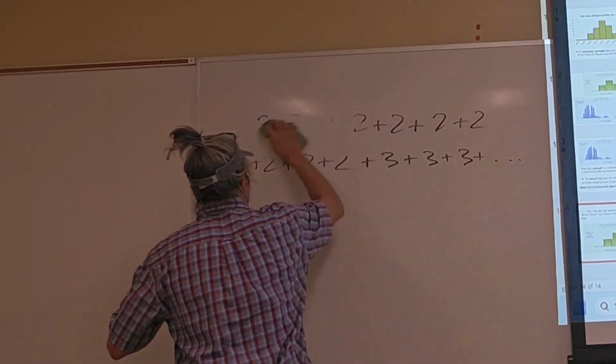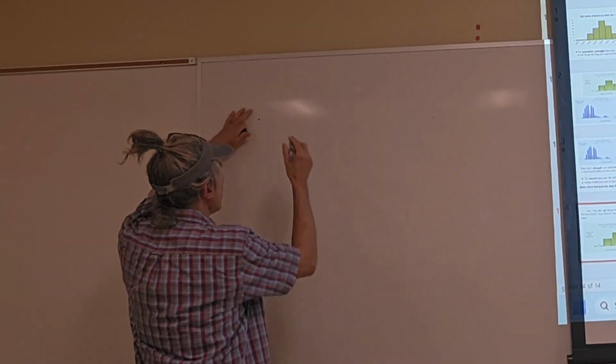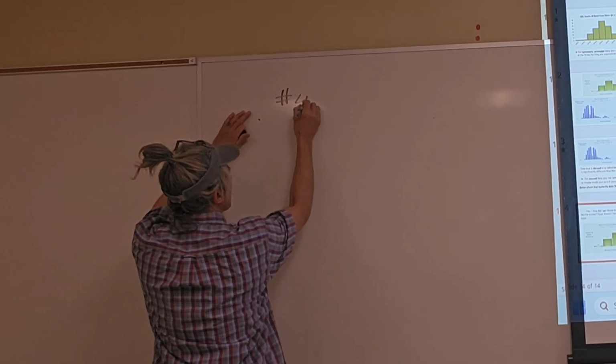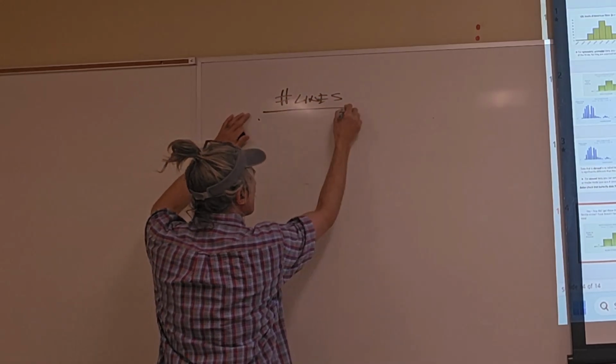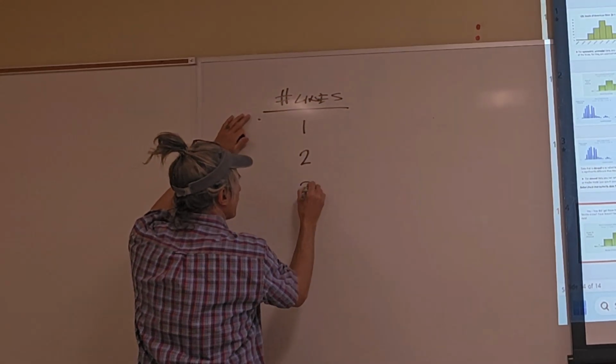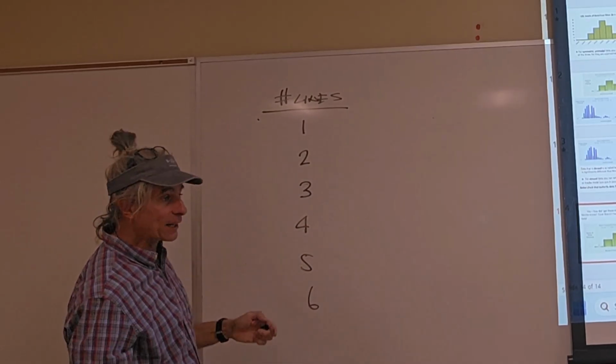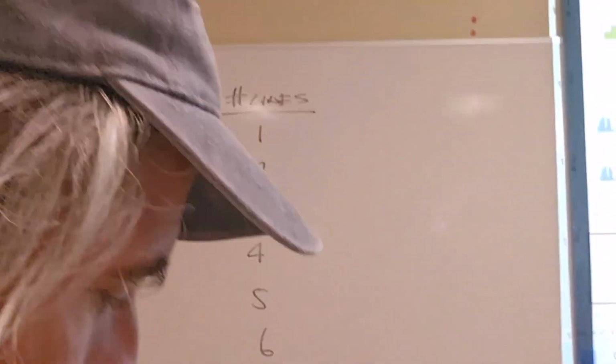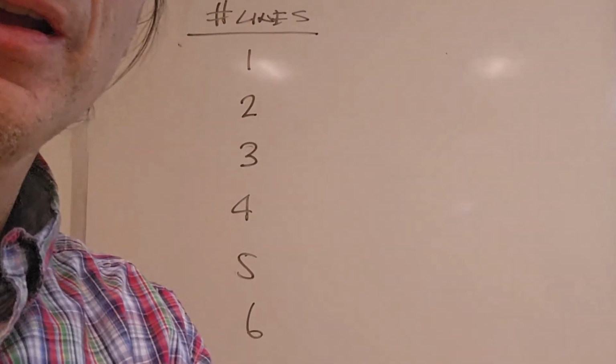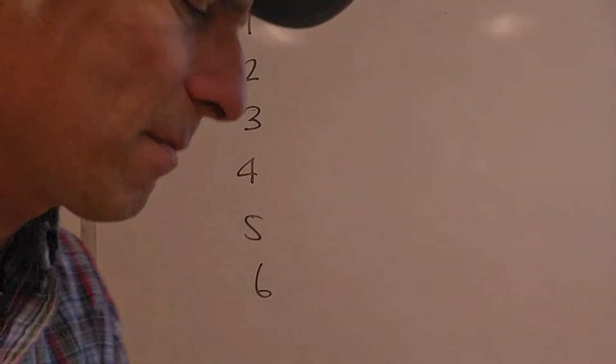So here's what I'm going to do. I'm going to put number of lines. I'm going to make a little table here: 1, 2, 3, 4, 5, 6. So that's the actual data, right, in the distribution. I'll get a little closer so you can see it better. There we go.